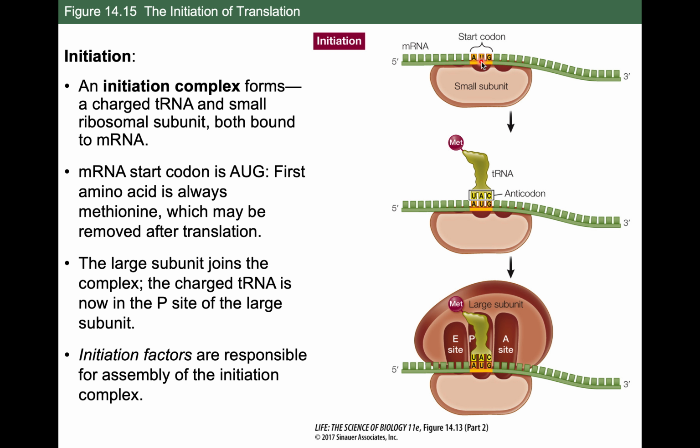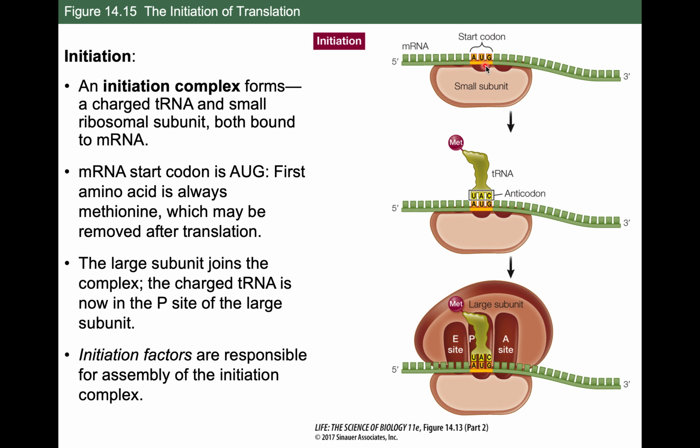And initiation looks like this. What will happen, remember the ribosome can come apart into its 2 pieces, is the small subunit of the ribosome will actually look for and bind to the start codon that's part of the messenger RNA. Remember, every gene starts with a start codon and ends with a stop codon.